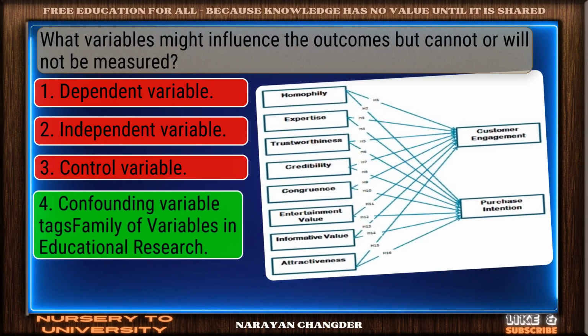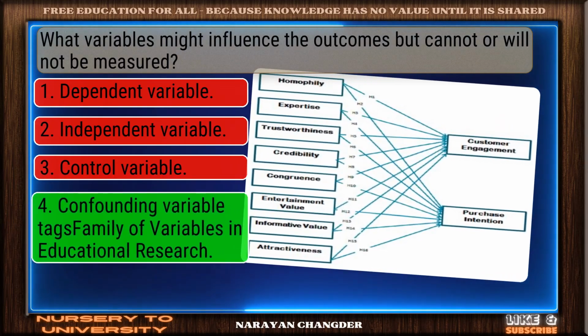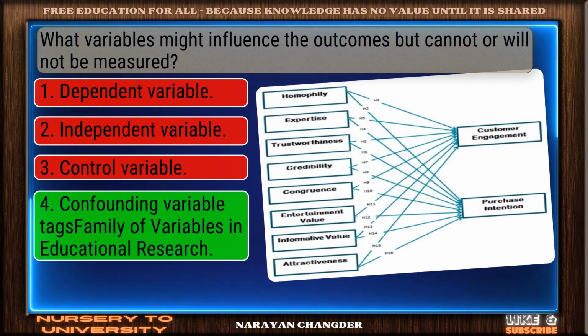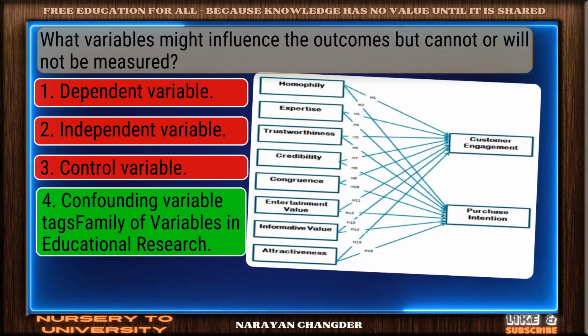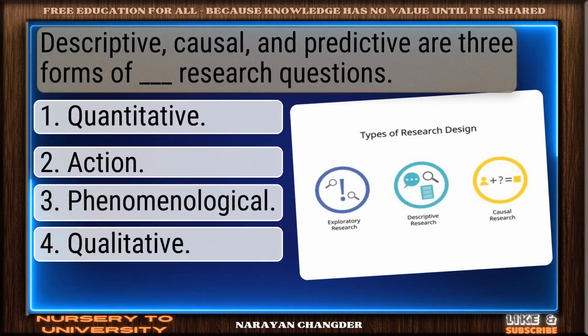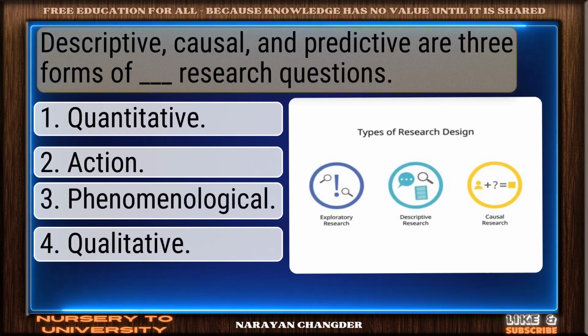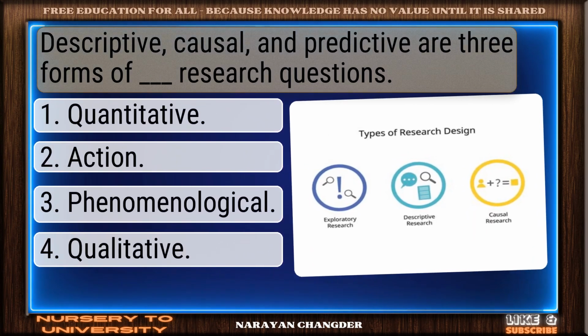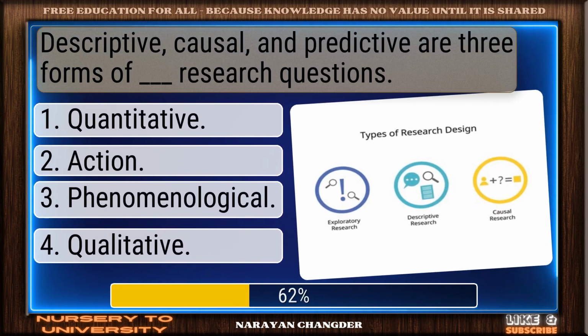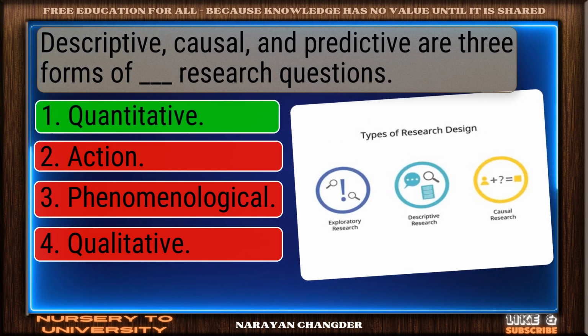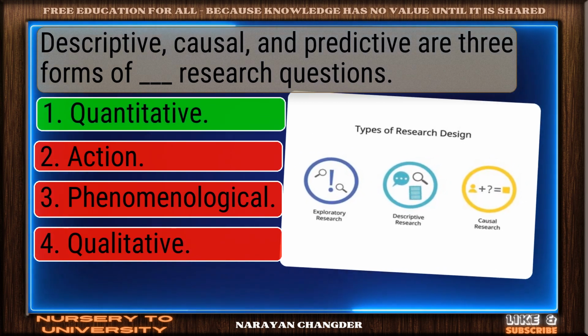Well picked. Confounding variable, a type of variable in educational research, is the correct answer. Descriptive, causal, and predictive are three forms of quantitative research questions. You chose quantitative, and it is correct.